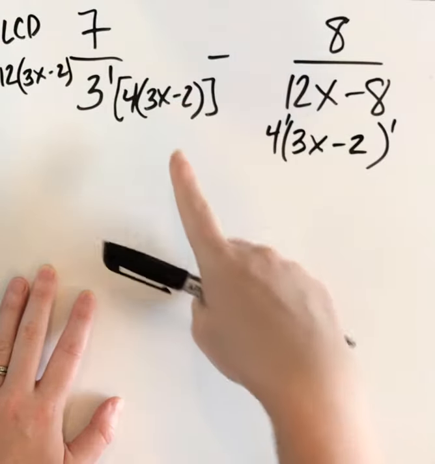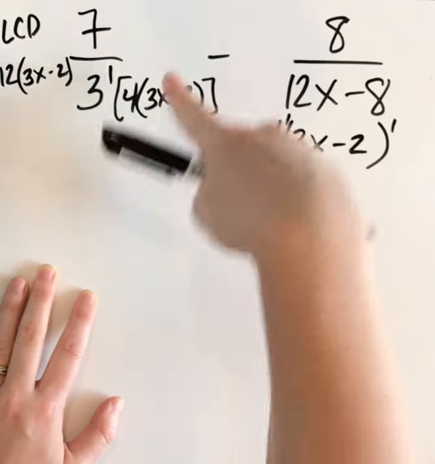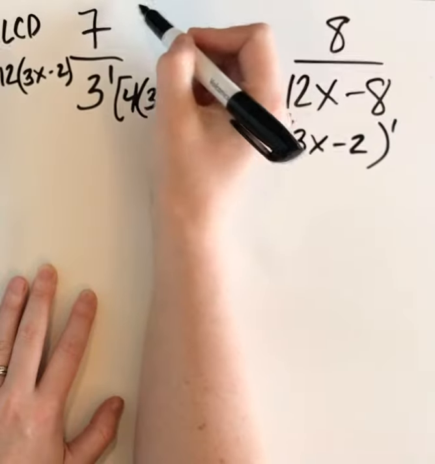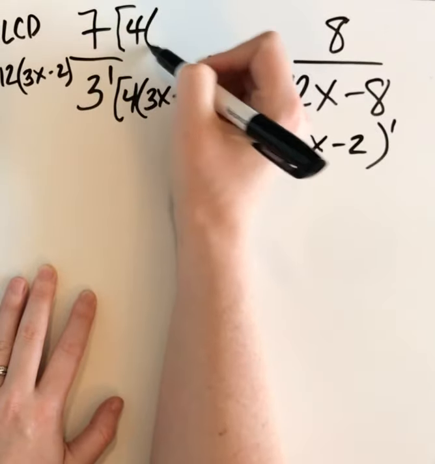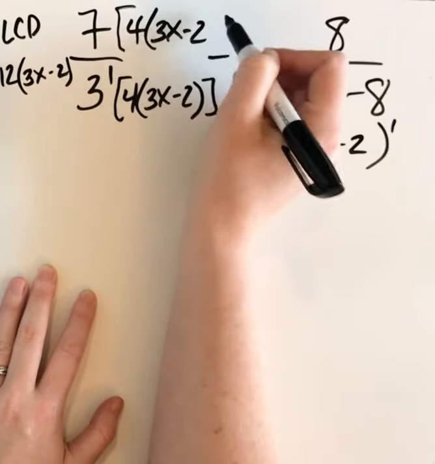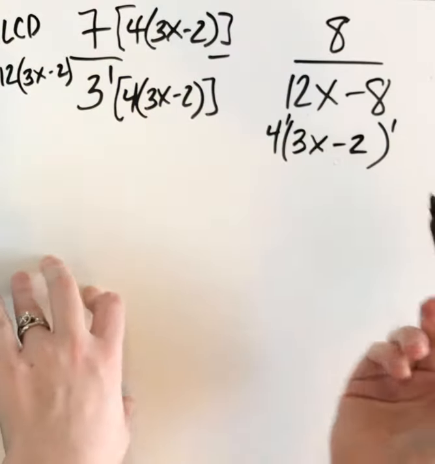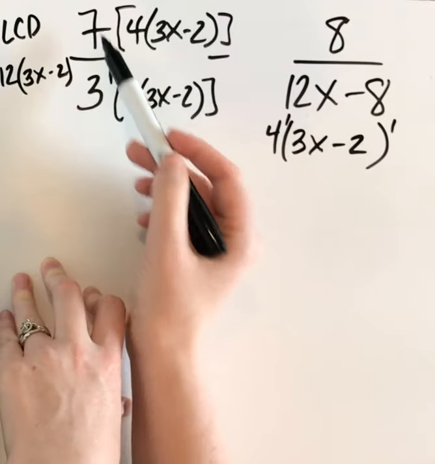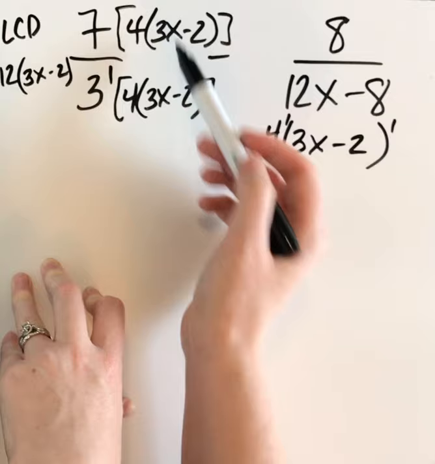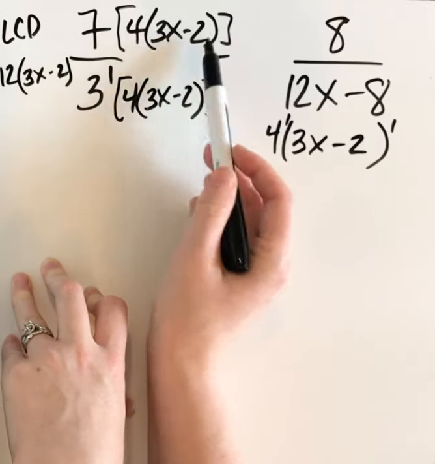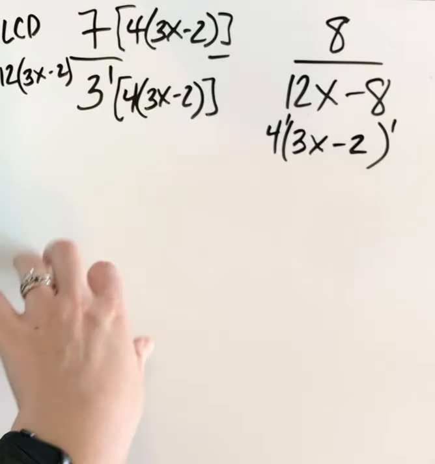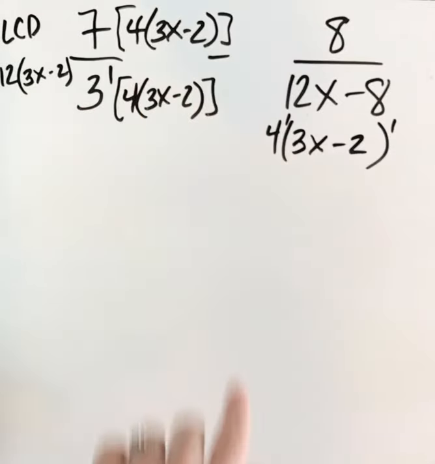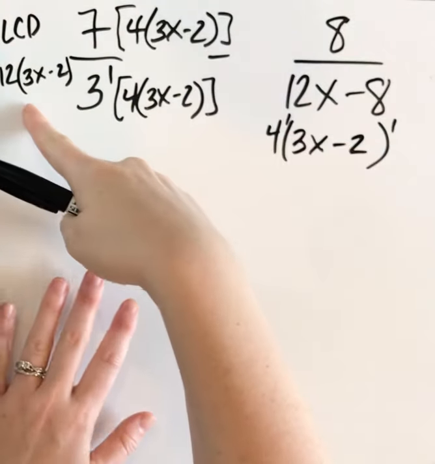To make that happen, whenever I multiply the denominator, I have to multiply to the numerator. So I'm also going to do that 4, 3x minus 2. And what I'm essentially doing is multiplying 7 over 3 by 1, because anything divided by itself is just 1. So this one, once I've multiplied, will give me the least common denominator.